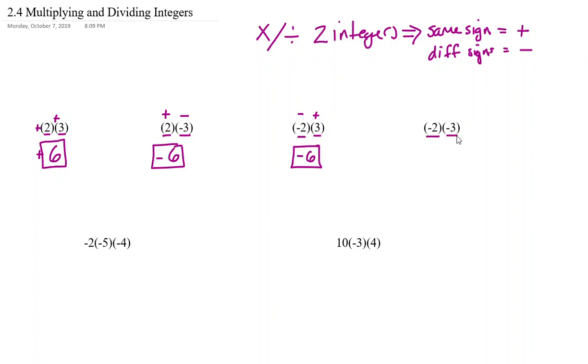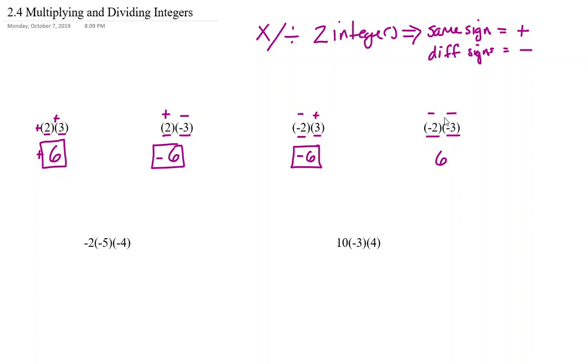Negative 2 times negative 3. Now, we're used to thinking, well, if there are a few negatives, it's negative, and if it's a lot of negatives, it's really negative. But that's not the way this works. Negative 2 times negative 3: 2 times 3 is 6, and there's a negative and a second negative.